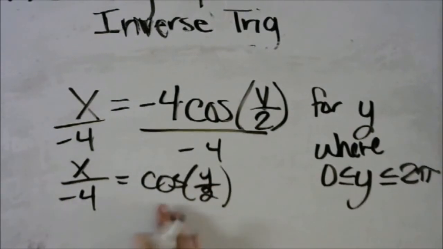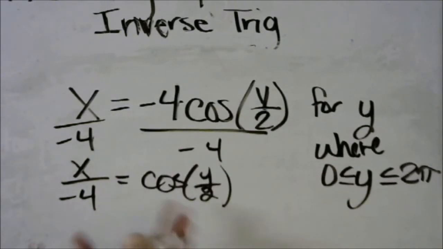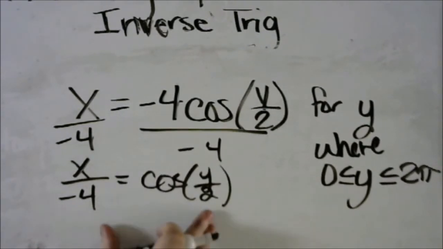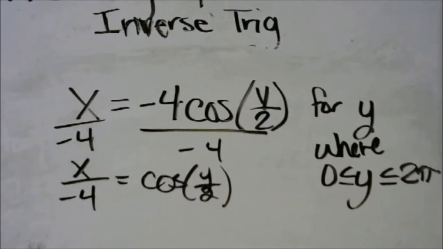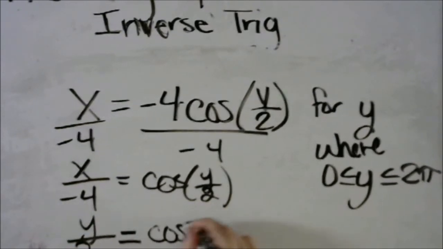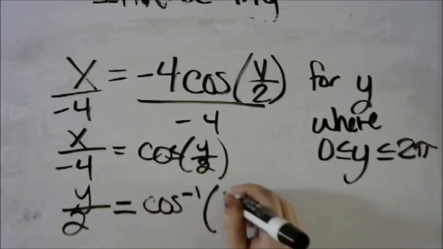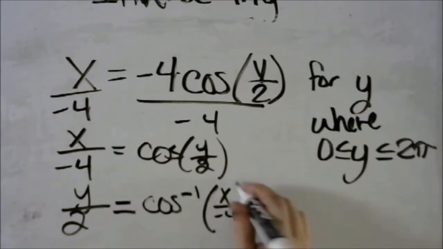From here, there are no more operations outside of the trig functions. So at this point, I'm going to use inverse trig. I know with inverse trig, the input becomes the output. Y over 2 is equal to, we're going to be using inverse cosine, and the output becomes the input.